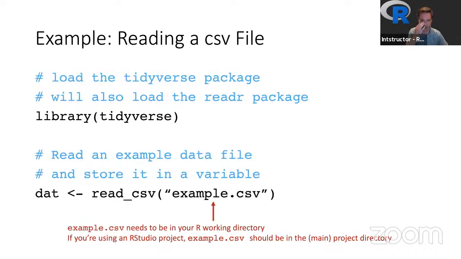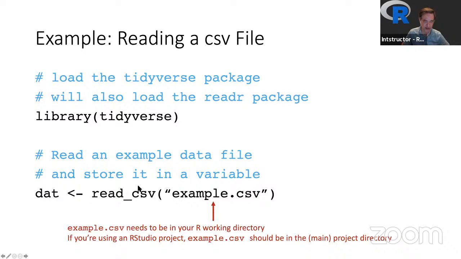I have some code here in our examples that we're going to be using, but the first thing we're going to do is load a particular package known as the tidyverse package. We're going to talk more about that tomorrow, but this provides a particular set of functions from another package called readr that allows us to read CSV files using this function, read_csv.